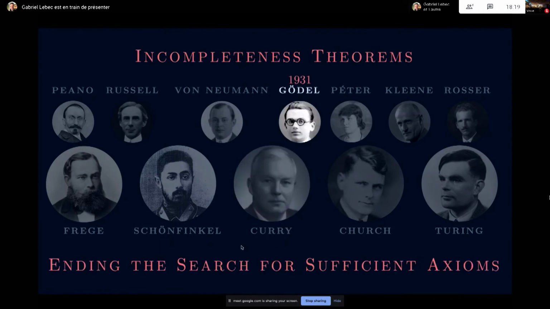Then we get to Gödel, and Gödel, unfortunately, is the one who really is the assassin of mathematics. He discovers that this whole endeavor, this journey to try and find a grand unified single theory of math, the axioms that will give rise to everything, is fundamentally flawed.